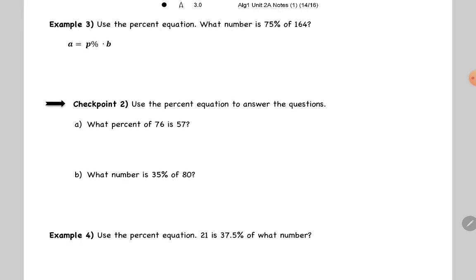So remember, what number, we usually call it x, but in this case they call it a, is equal, and then we have percent. Of means multiply, and then we have b, so b is the whole piece. X is the part, small piece, whatever.